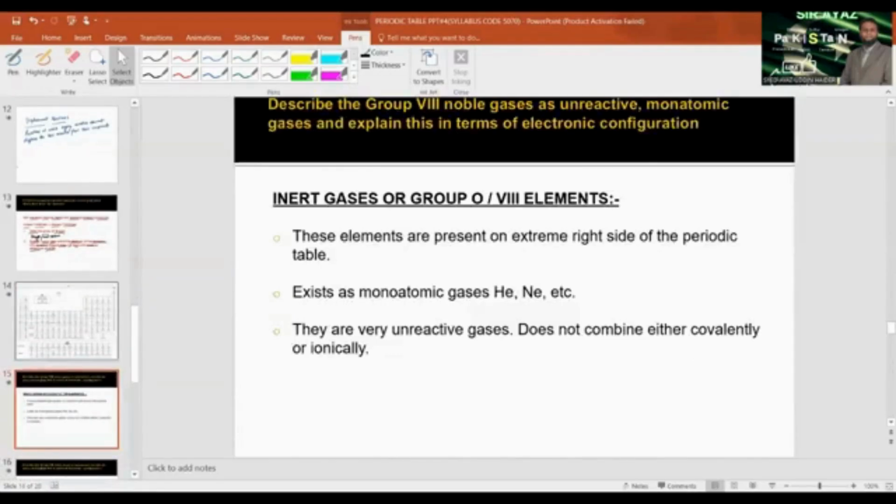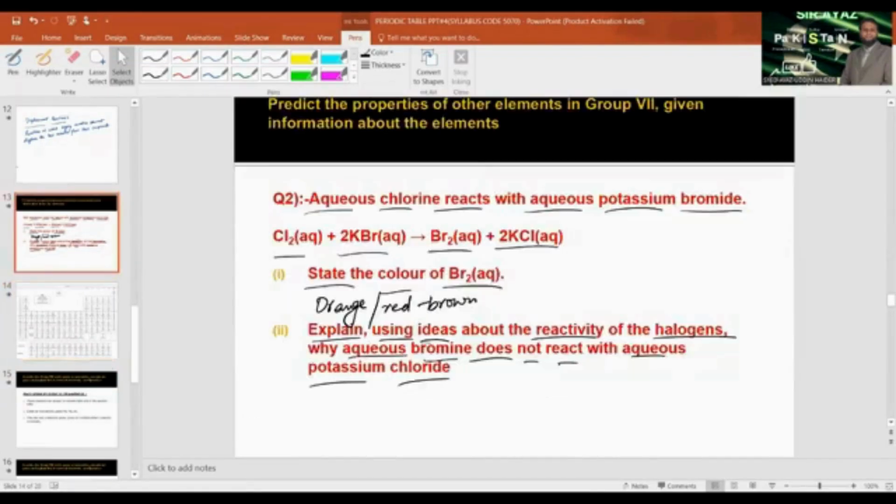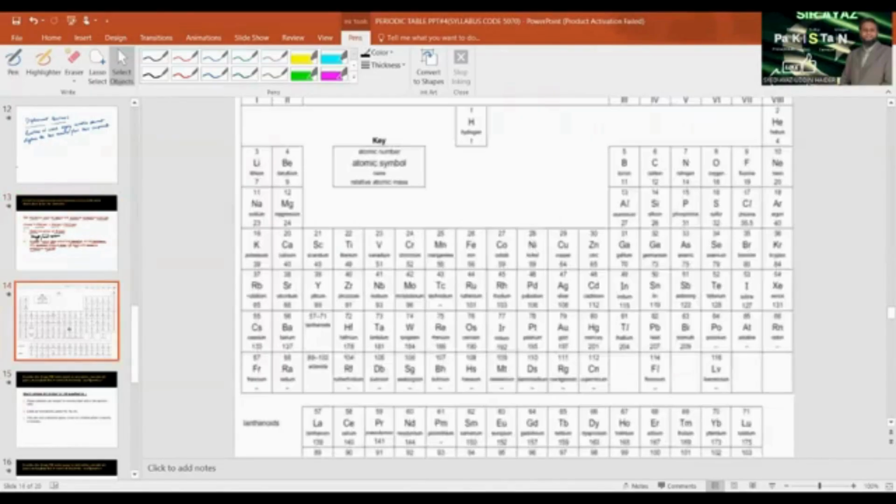Now let's talk about inert gases or group 8 elements. This is group 8. In group 8, we have helium, neon, argon, krypton, xenon, and radon.